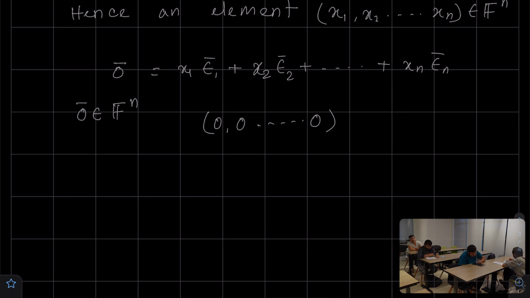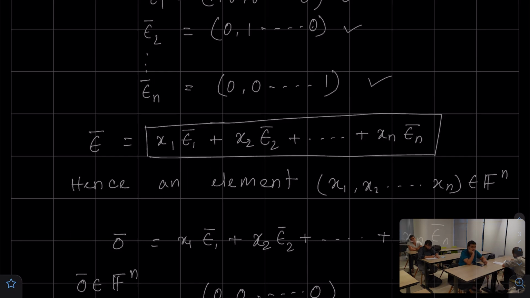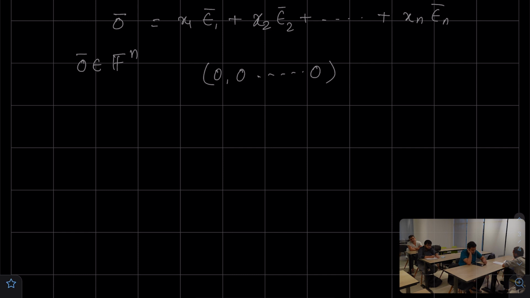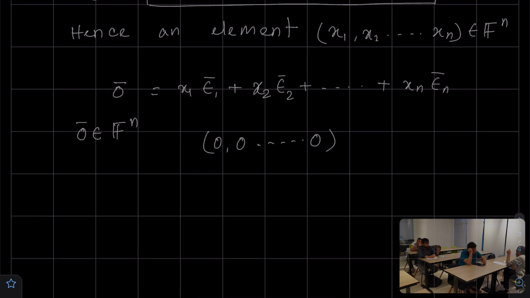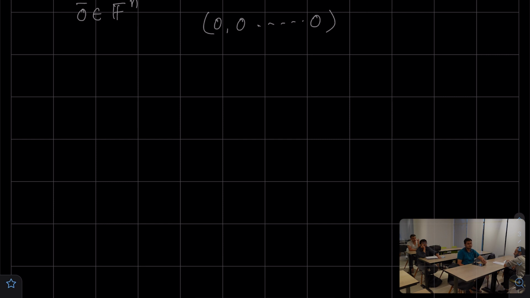So if I say this linear combination is equal to 0, are all these scalars x1, x2, xn going to be 0? Yes. You can do even more directly. Multiply x1 with the epsilon 1 vector.